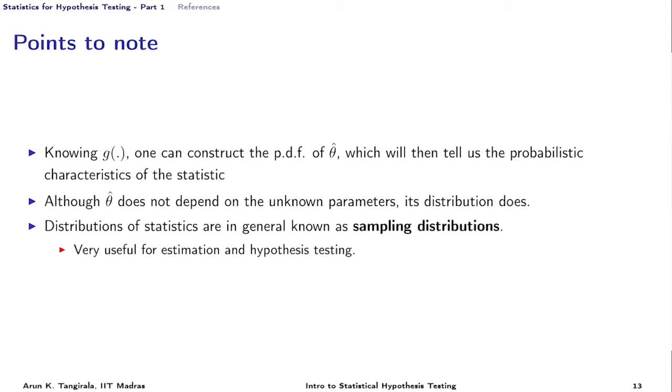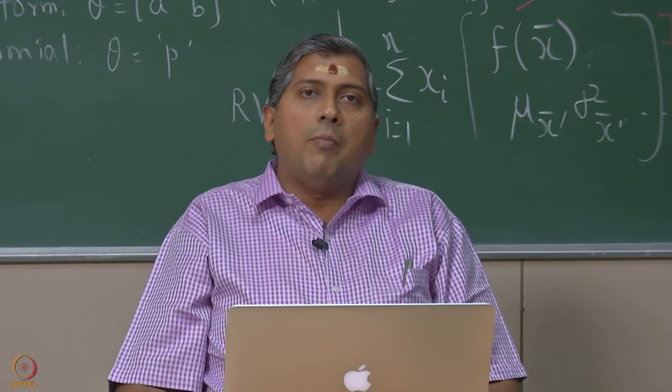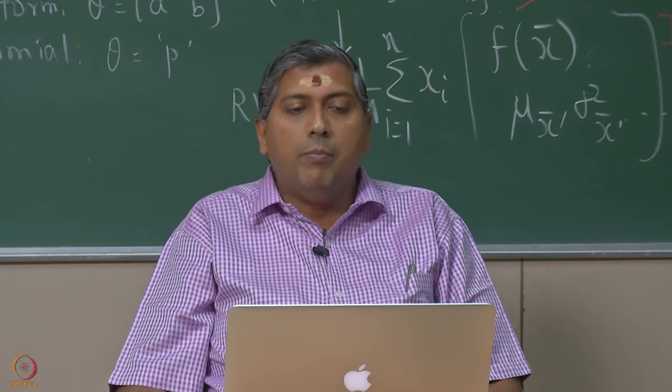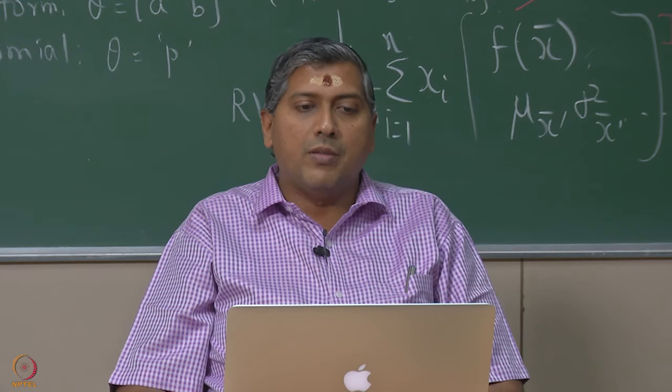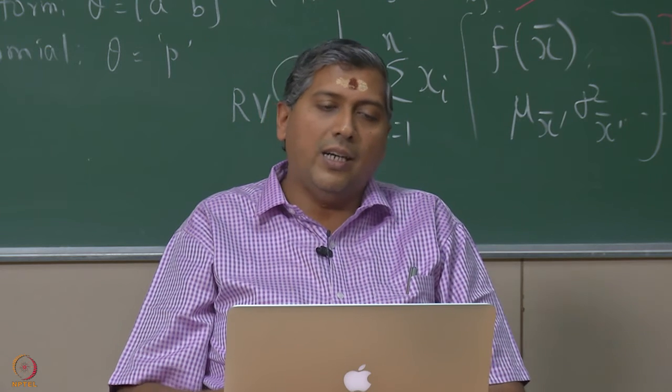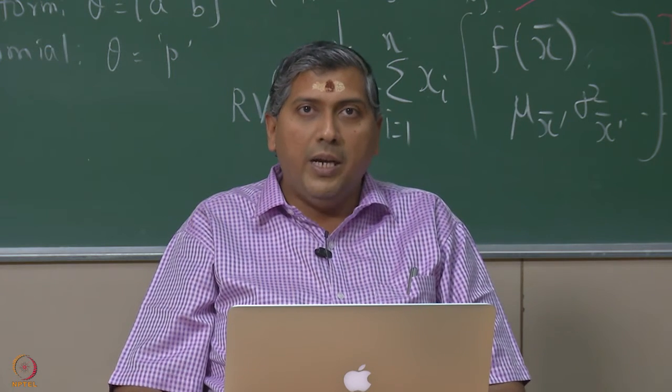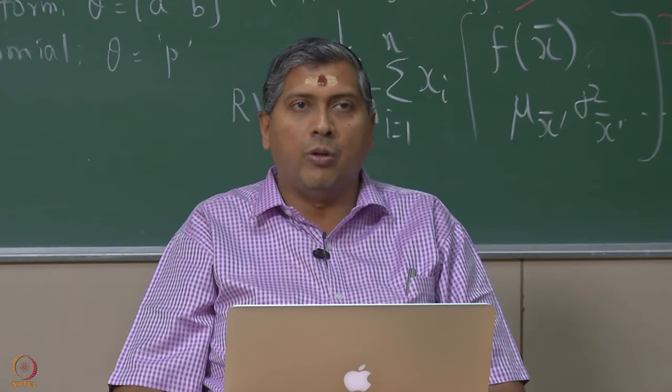As an example, suppose I want to test the hypothesis for the solid propellant burning rate case, which is the hypothesis test on the mean. I do not have to use sample mean as a statistic, I can use sample median also, right. I can use any other estimator of mean. The only reason why we choose sample mean is, of course, it is simple and a lot of times it is good and it has some nice properties, its PDF can be determined easily and so on.